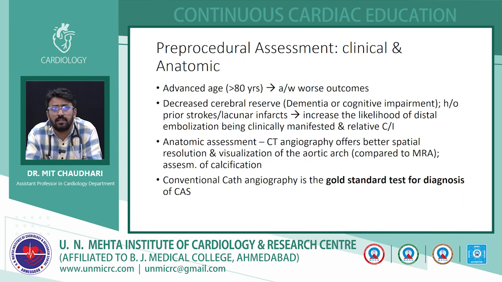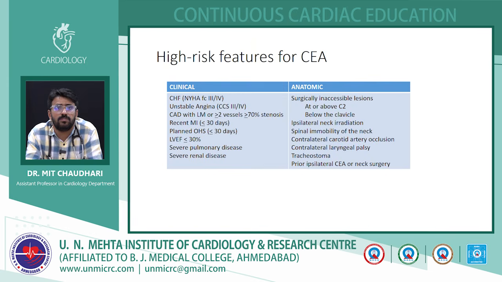Many times there is anatomical variation in the aortic arch which leads to difficulty in engaging the carotid arteries, and there are certain variants of the aortic arch that can make it very difficult and also give us a presumption that we will have to go with this particular device or this particular catheter to engage that artery. So in such cases pre-procedural assessment with CT or MR is essential, and cath angiography is the ultimate gold standard.